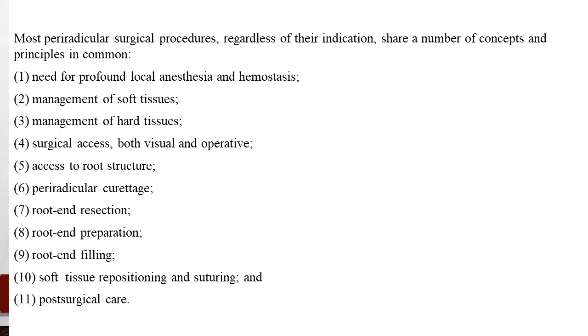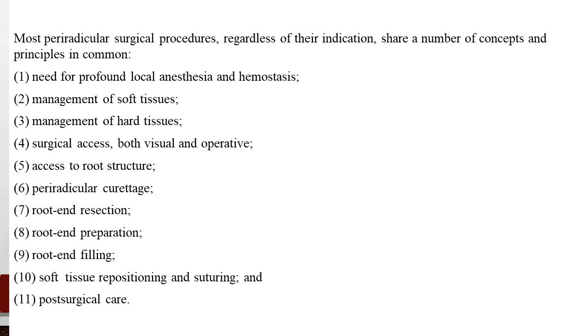Irrespective of what procedure you are doing, you have to give profound local anesthesia and hemostasis. So, in such cases, please understand, you cannot give infiltration, your nerve blocks are mandatory. And you have to use your hemostatic agent, that is your adrenaline. So you cannot give the non-adrenaline injections. You have to have your vasoconstrictor because you have to arrest the bleeding.